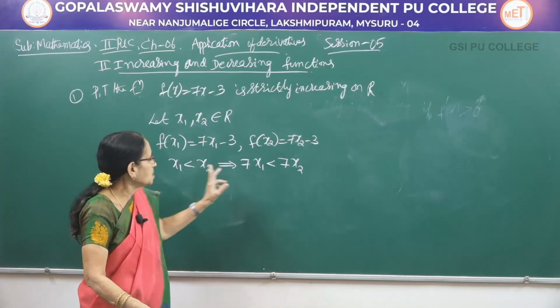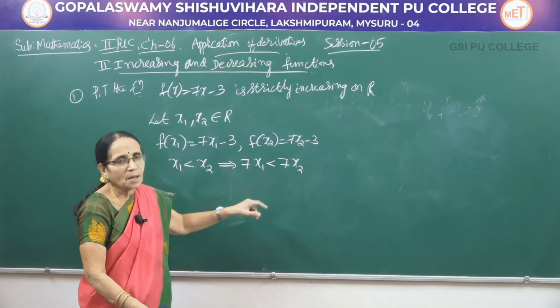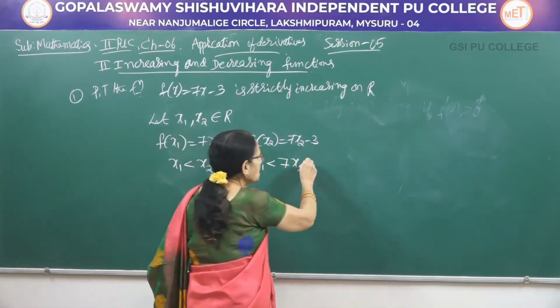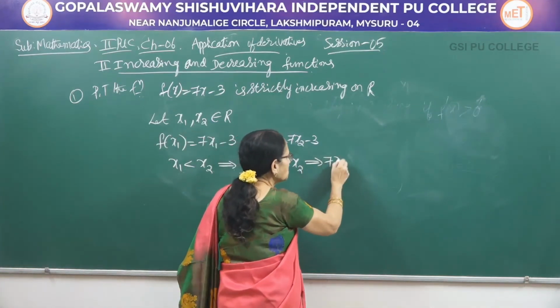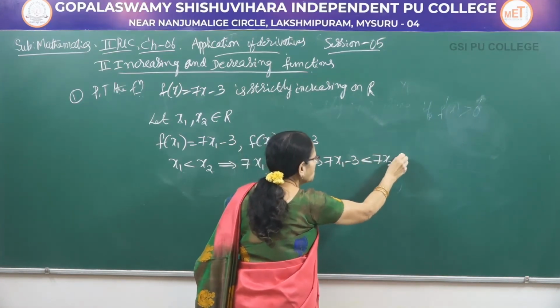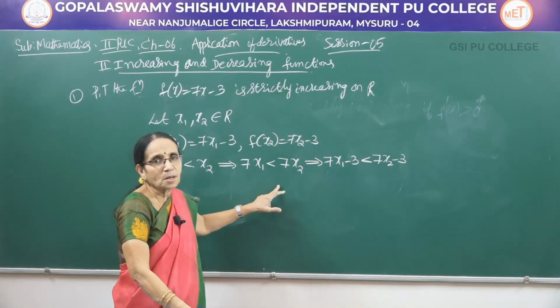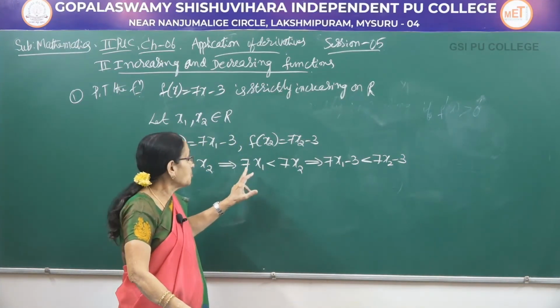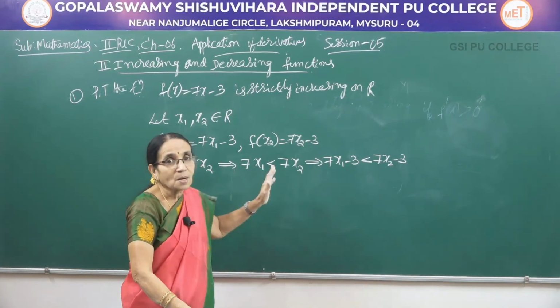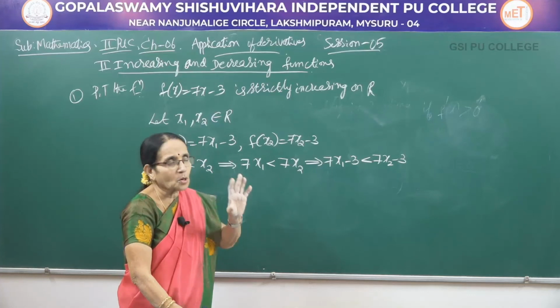So x1 less than x2 implies 7x1 less than 7x2. That implies 7x1 minus 3 less than 7x2 minus 3. So what I have done here? I have multiplied both the numbers by the same number. If you multiply by minus 7 here, this inequality will not be there. I have multiplied both the numbers by the same quantity.